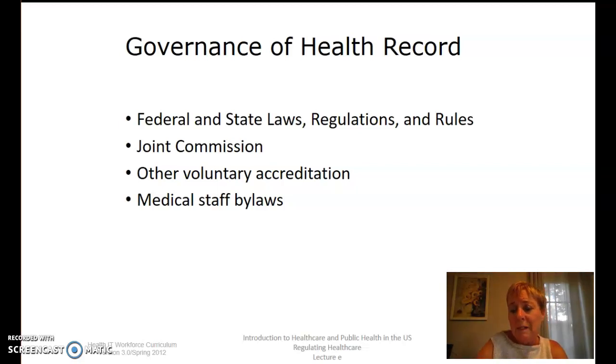So your medical staff bylaws may say that a record has to be complete in 30 days. That could mirror the conditions of participation. But maybe your bylaws might say records have to be completed in 20 days, which is more stringent than accreditation. The bylaws basically direct the performance of the caregivers.